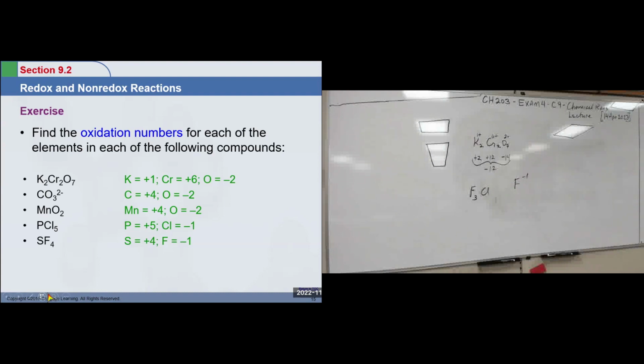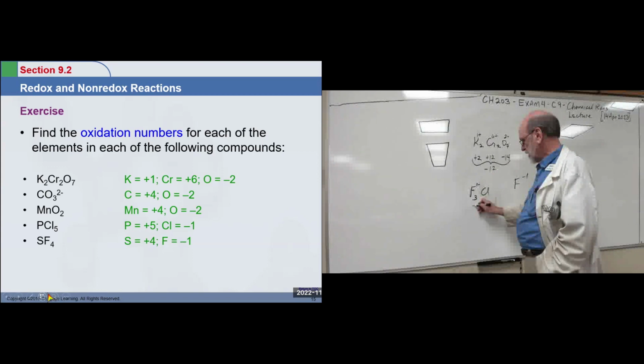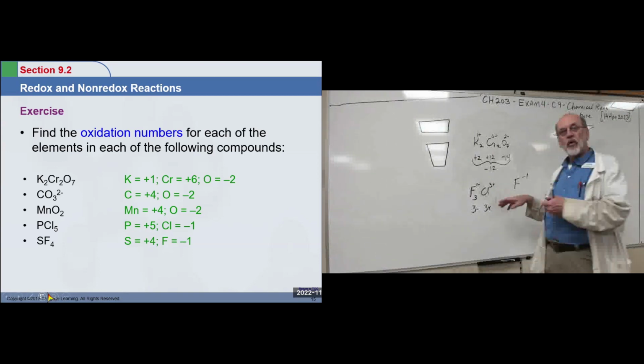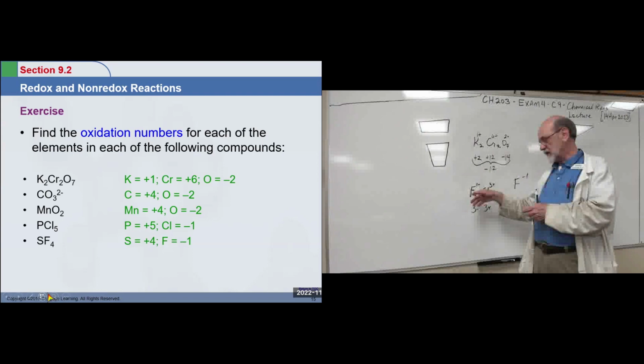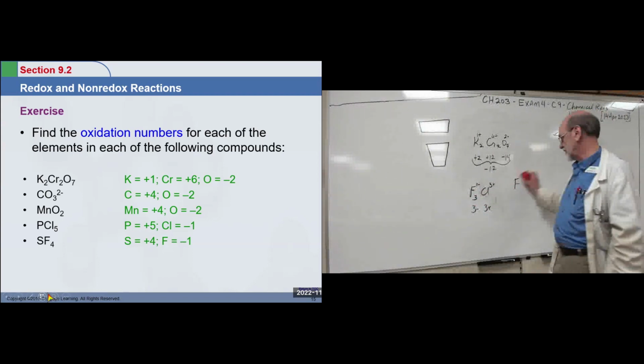That would be a good place to check and confirm that chlorine can have a +3. So if this is a -1, that means 3 minuses, 3 pluses. This has to be a 3+. So we go with the more electronegative first, and that says that fluorine is a -1, and then we calculate the chlorine.